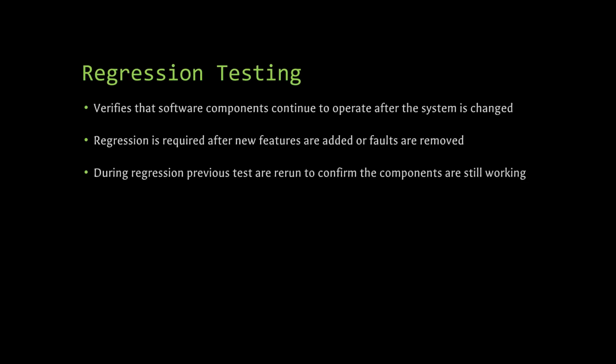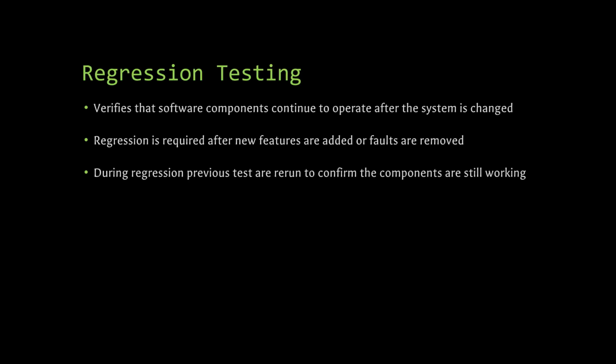Now, sometimes systems change, and in the case of a change in the system, you're going to do what's called a regression test. The regression test simply verifies that the components continue to operate after the system is changed.